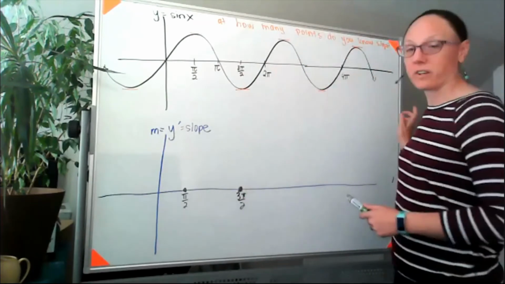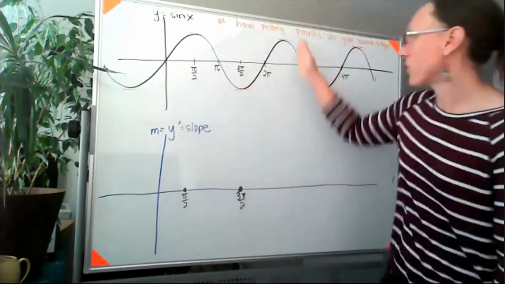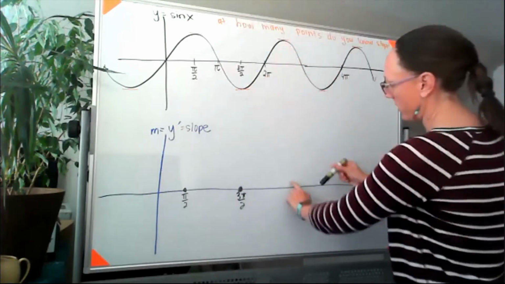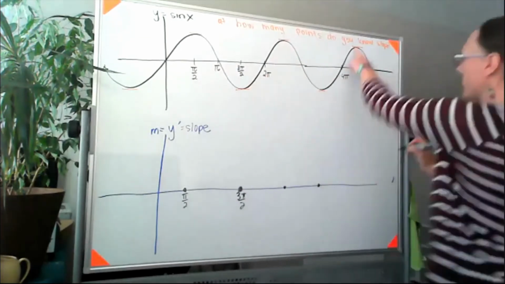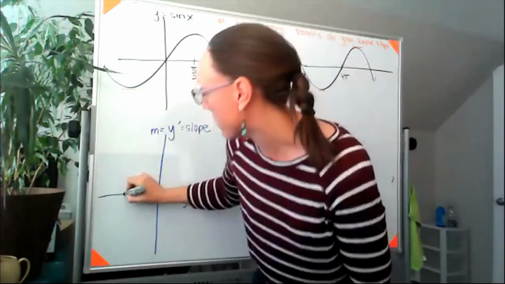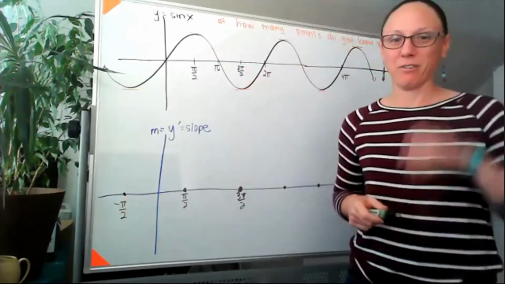And although we didn't work the numbers out for the rest of these, I'm just going to transfer them down. So if I line them up, this one's going to hit here and have a slope of 0, and here, and here, and over there. I guess that one I know is going to be negative pi over 2.